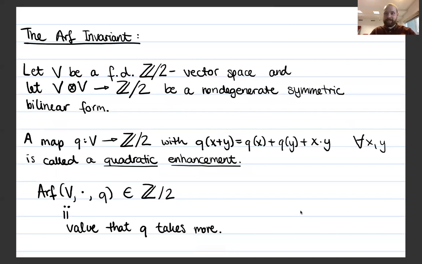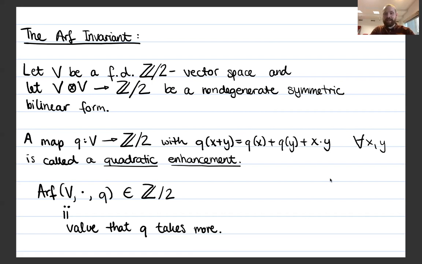Okay, so let me talk a little bit about just the algebra involved with the Arf invariant. So the setup is that V is a finite dimensional Z2 vector space, and we're given some non-degenerate symmetric form on it. And we'll call maps Q from the vector space V to Z mod 2 that satisfy this condition here, they're not homomorphisms, but they're almost homomorphisms up to this factor involving the intersection form.